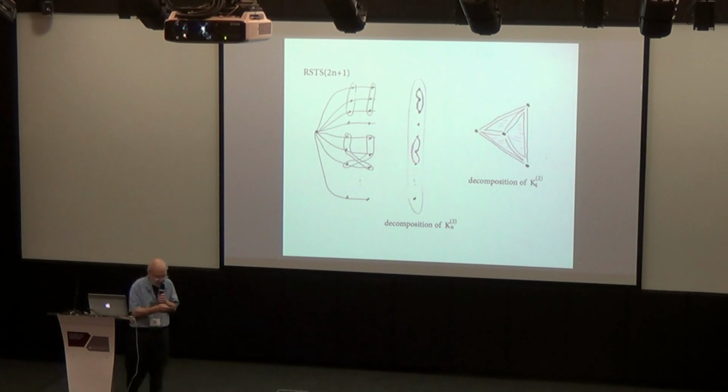If you have a decomposition of Kn, the edges into graphs where you may use these black triangles or triangles with 1 black edge and 2 red edges, you can get a reverse triple system by taking 2 points corresponding to every vertex of Kn and adding the special point, and start with blocks, triples, containing the special point in any pair of points corresponding to these endpoints. So you have 2n+1 points.